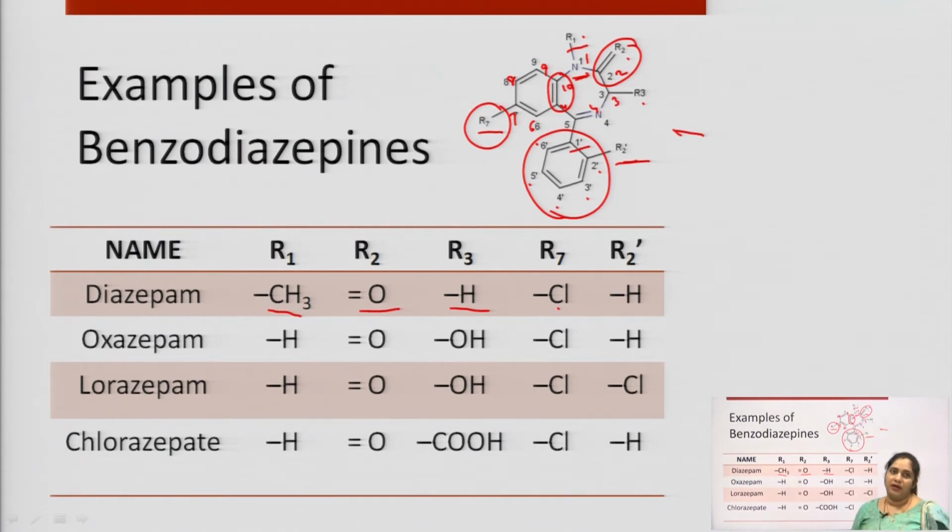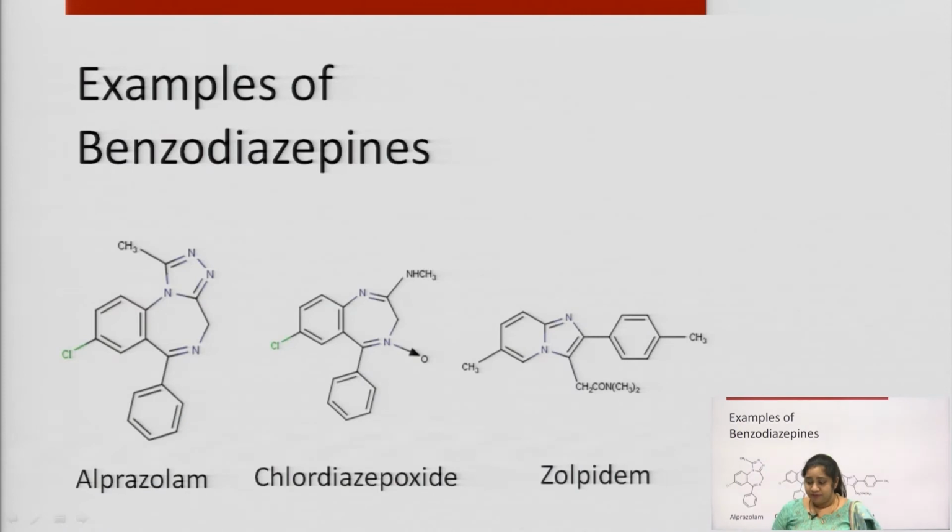So in this manner we can structurally identify different examples of benzodiazepine. Similarly, oxazepam, lorazepam and clorazepate. So, these are the structural examples of benzodiazepine.